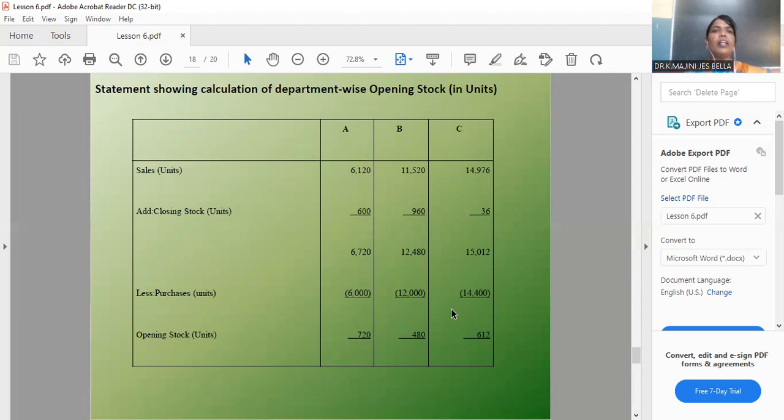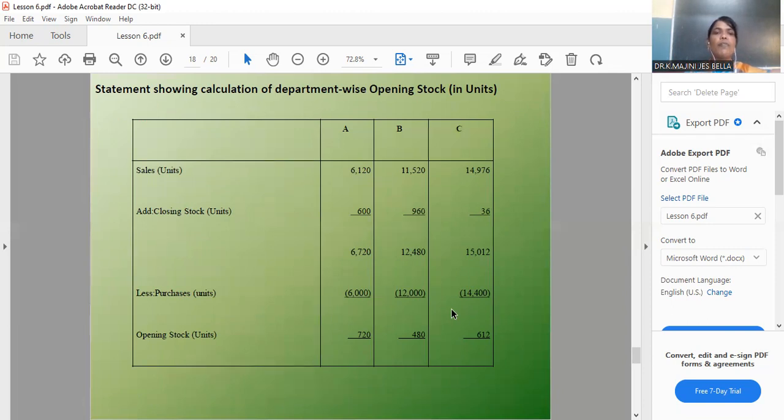So we can see how to calculate the opening stock. Here is the statement showing calculation of department-wise opening stock in units. Normally, you know very well how to calculate the opening stock. The formula is sales add closing stock less purchase, right?